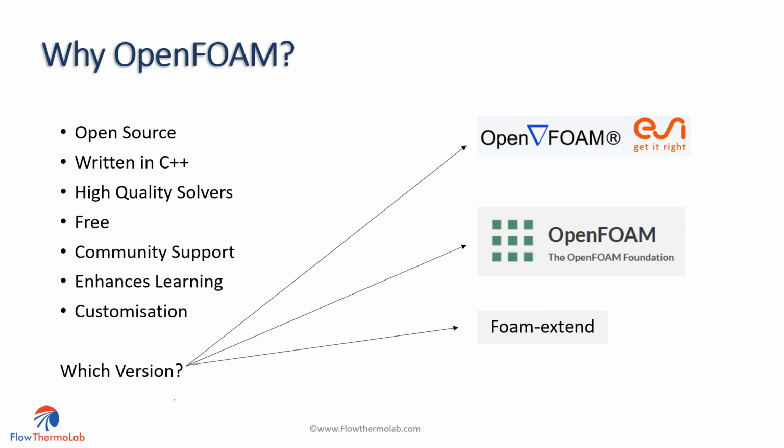In this course, we'll be using the ESI version of OpenFOAM, and for the most part, the code that you develop in the ESI branch would work perfectly fine in the Foundation branch of OpenFOAM, but there are quite a few times where you might actually need to tweak a class declaration, for example, to get it working from one branch to the next. So I would avoid swapping and changing between OpenFOAM branches.